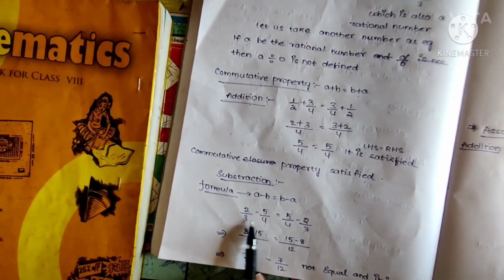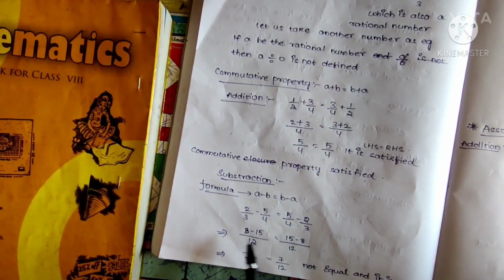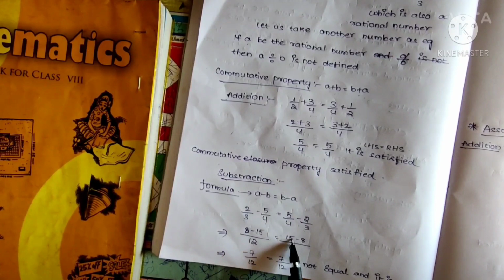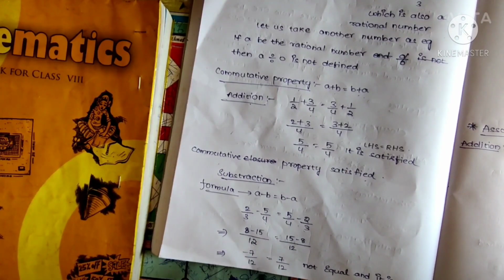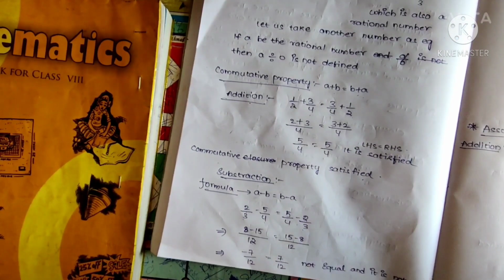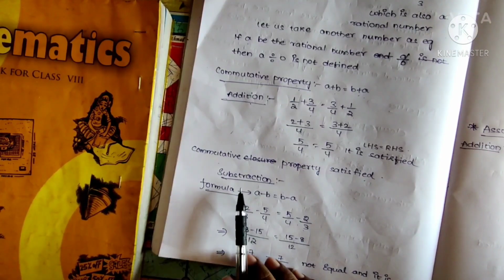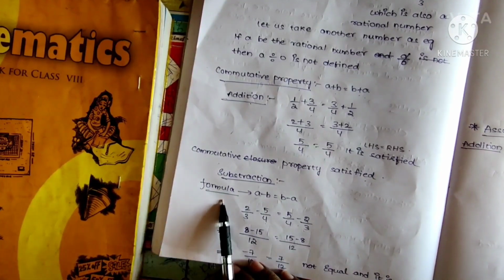Now let us take the LCM of 3 and 4, which is 12. 8 minus 15 by 12 equals 15 minus 8 by 12. Here the negative of the number will come and LHS and RHS are not equal, so it is not satisfied. That is, the commutative property under subtraction is not satisfied.